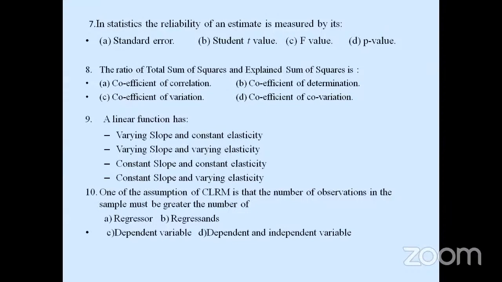Here, the number of observations in the sample should not be less than the number of regressors. You have to understand the meaning of regressor: regressors are independent variables. They will just confuse you. If they have given only independent variable, that might be the answer also. Regressand means dependent, and regressor means independent.